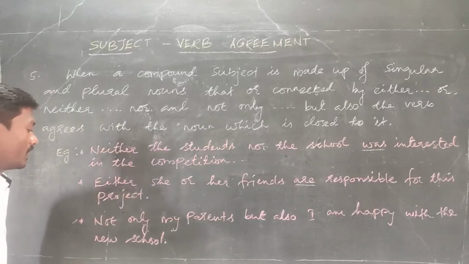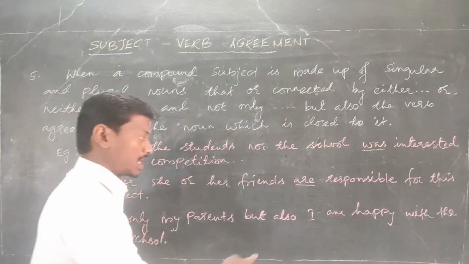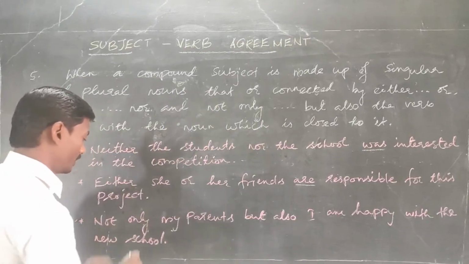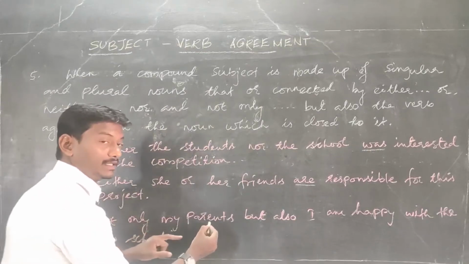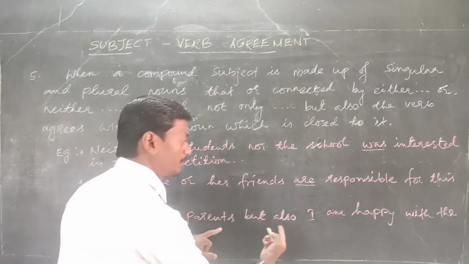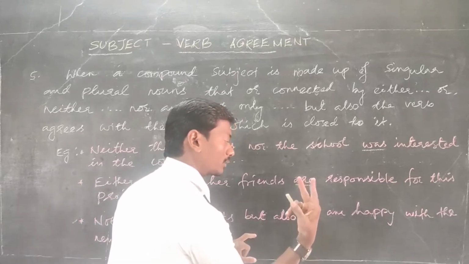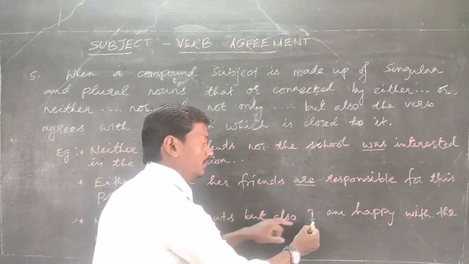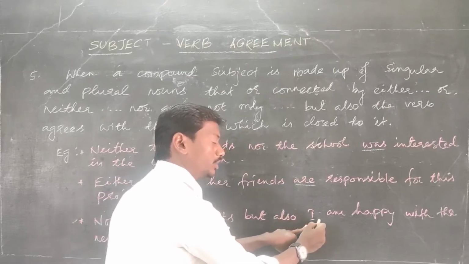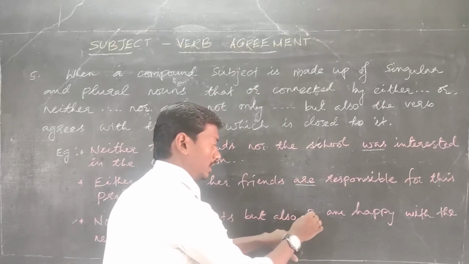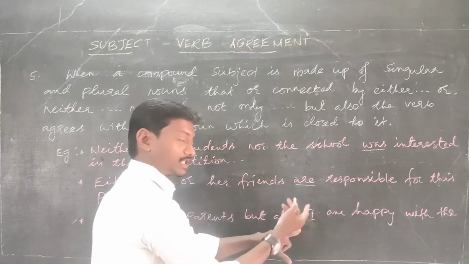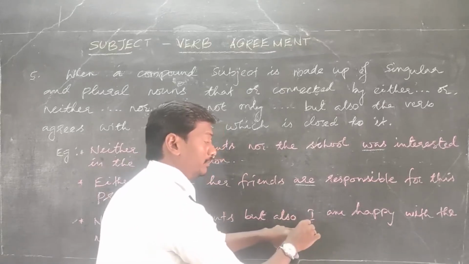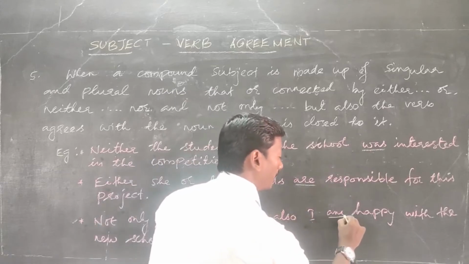Next one, not only my parents, but also I am happy with the new school. Not only my parents, first noun, but also I, second noun. We have to write the verb according to the second noun, I. So if I comes, we have to write am.